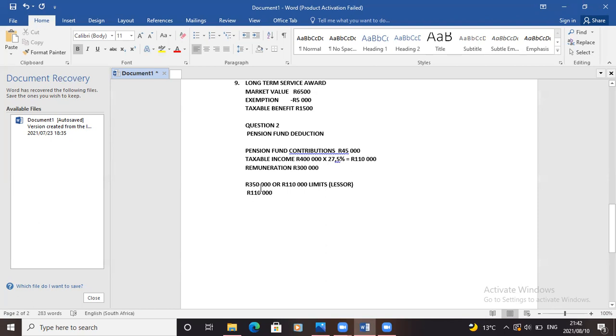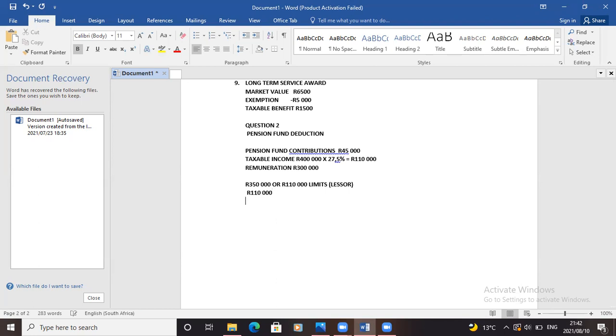If contributions are less than the limit, they are fully deductible. But if contributions exceed the limit, we only deduct the limit as the pension fund deduction.